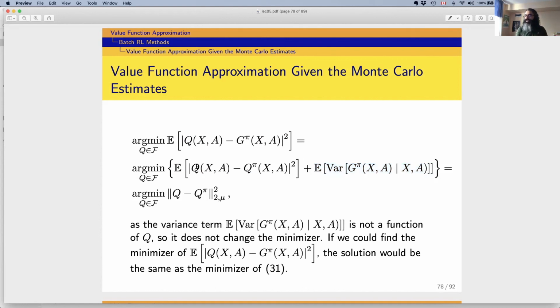So the minimizer would essentially be determined only by the first term, Q minus Q pi squared. This shows that what we can compute from data, if we have only returns but not Q pi, has the same minimizer as the case where we have Q pi, which is the population version of the loss. So this is great.